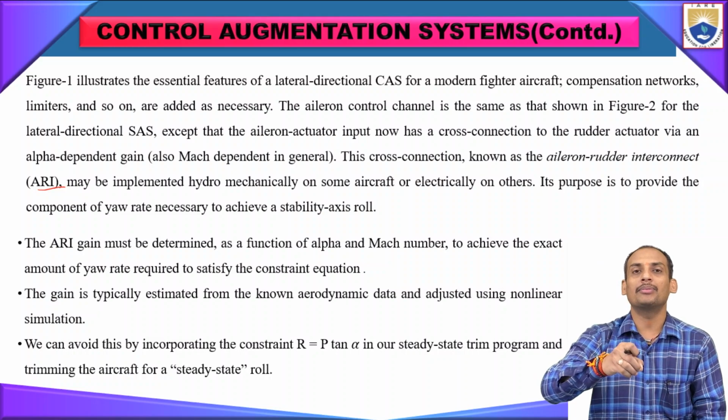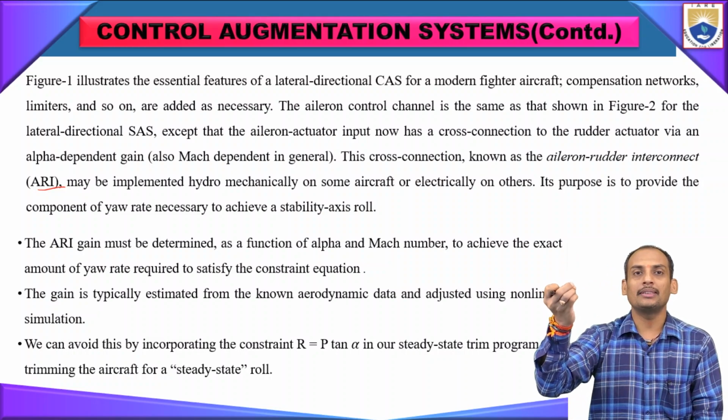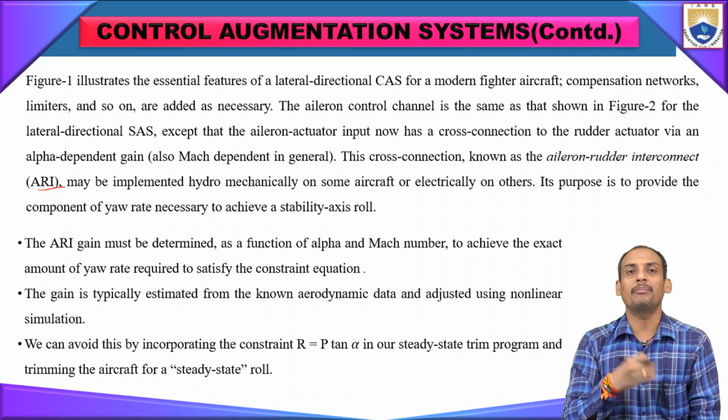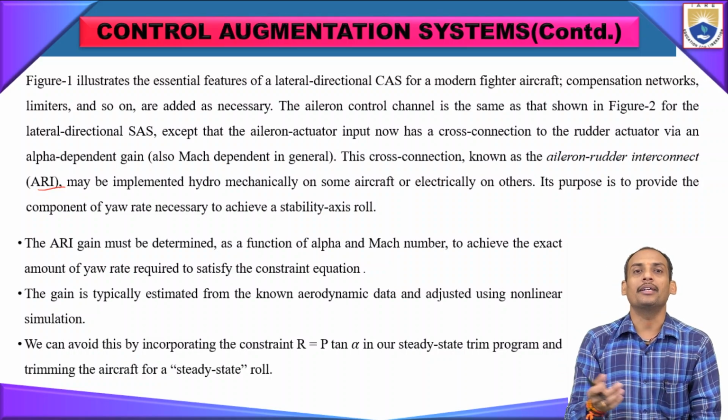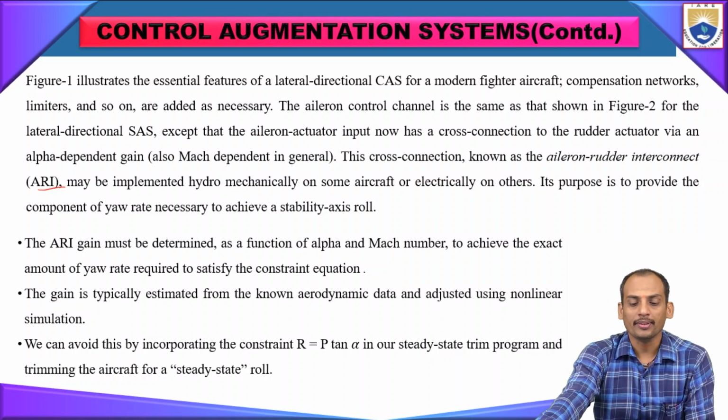So this compensation function will control the control surfaces to keep the aircraft stable at that higher condition. The ARI gain will be determined as a function of alpha and Mach number, to achieve the exact amount of yaw rate required to satisfy that constraint equation.